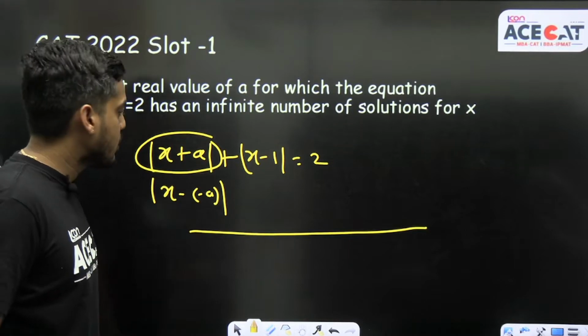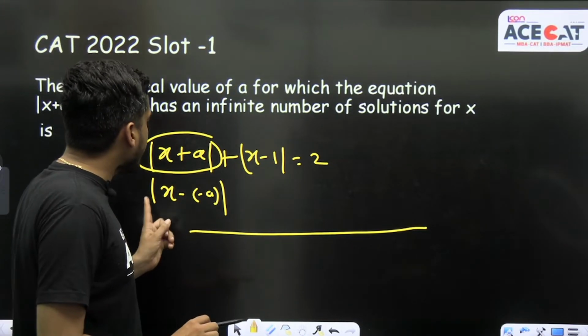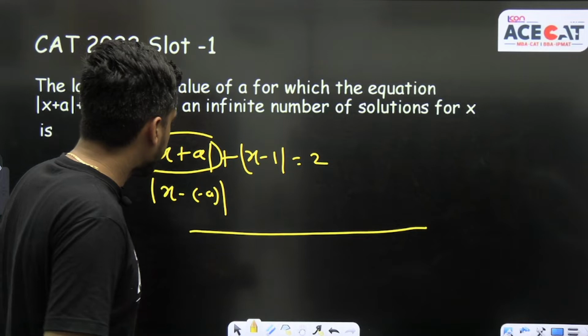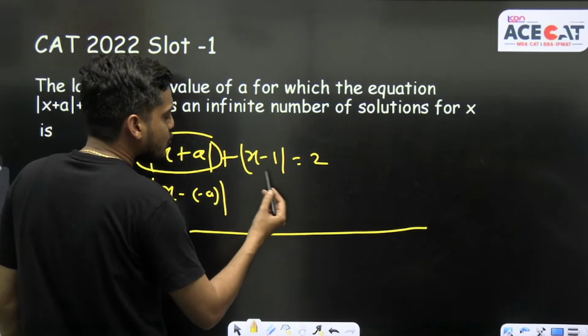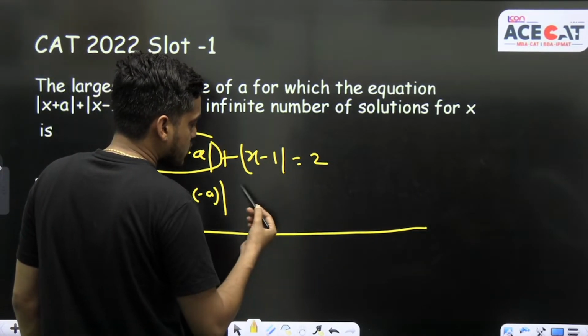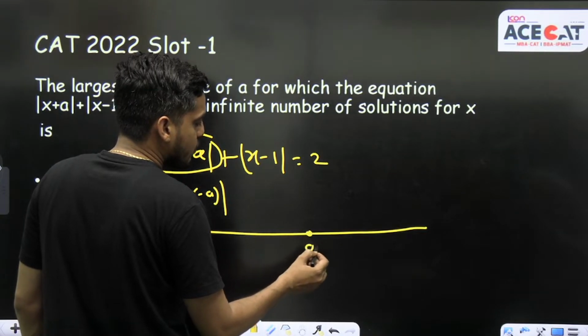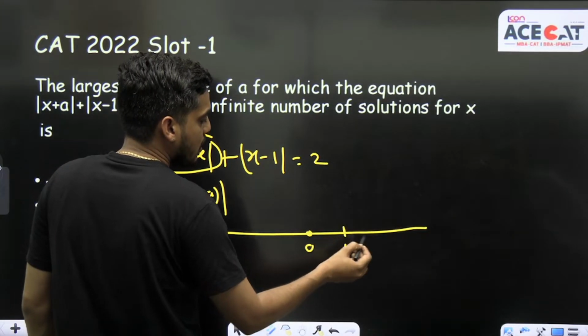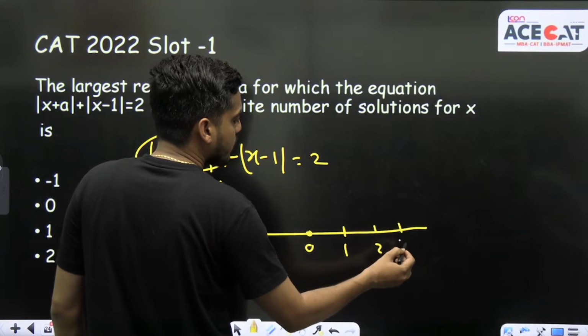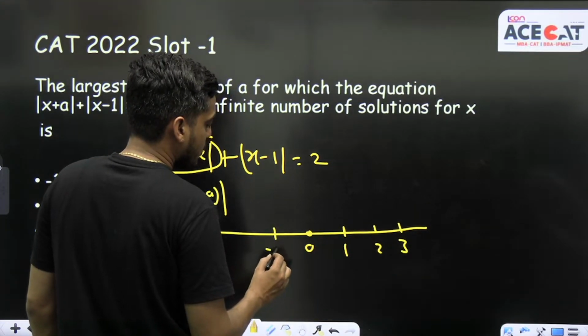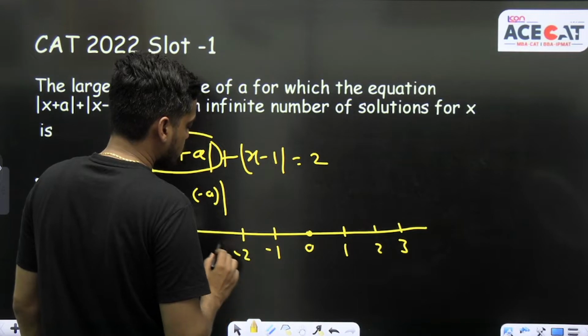And the other is the distance between x and 1. First of all, here we are having 0, here 1, here 2 and so on, and here we are having minus 1, minus 2, minus 3.